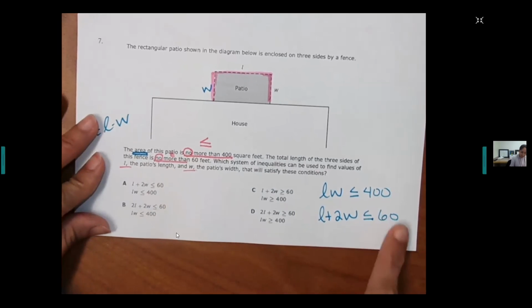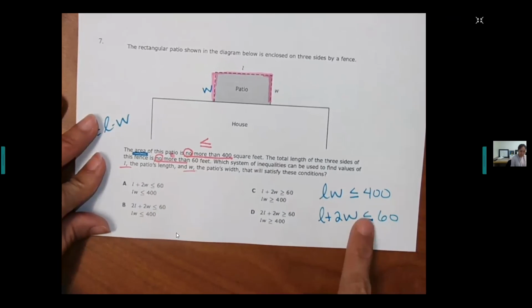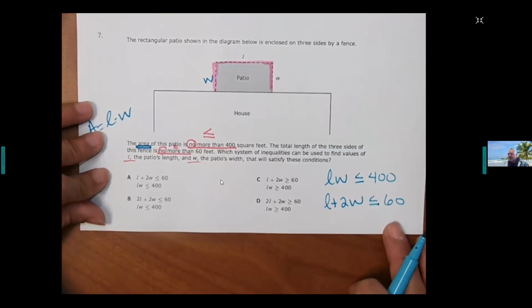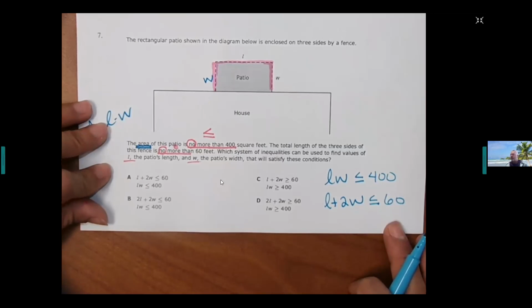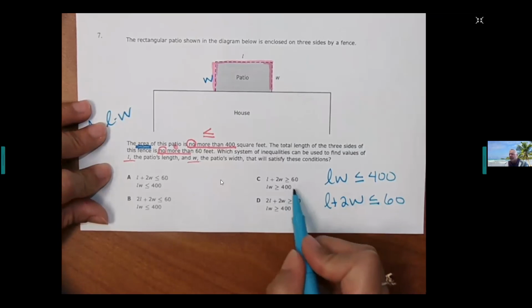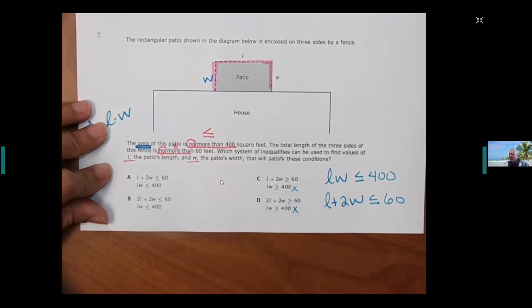So now that we wrote our equations based on the information given in the problem, it's a matching game, right? Which of the answer choices matches exactly with the equations we wrote? Just look at LW less than or equal to 400, and you can see that C and D we can rule out right away, because in C and D, LW is greater than or equal to 400.